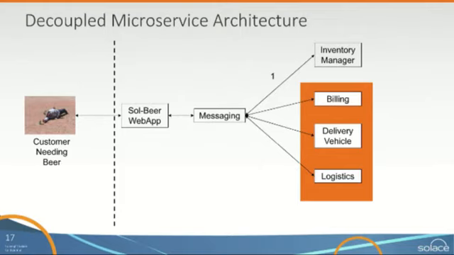So the consumer, of course, still needs beer, still is going to place an order through the beer store web app, and then it sends out an event through messaging that essentially just says, an order's been placed. The inventory manager piece would pick up that event to reserve the order and would basically respond back, and boom, the consumer now knows that its order is pending.